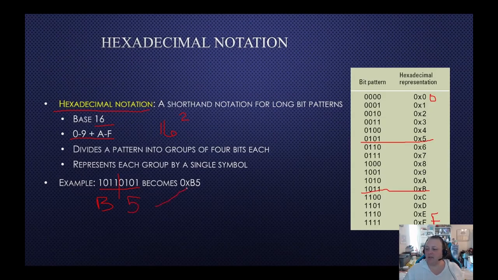So what that's going to give me is 0x to show that it's hexadecimal, and B5. It's just an easier way of grouping these bits together so you don't have much larger strings of these binary numbers.